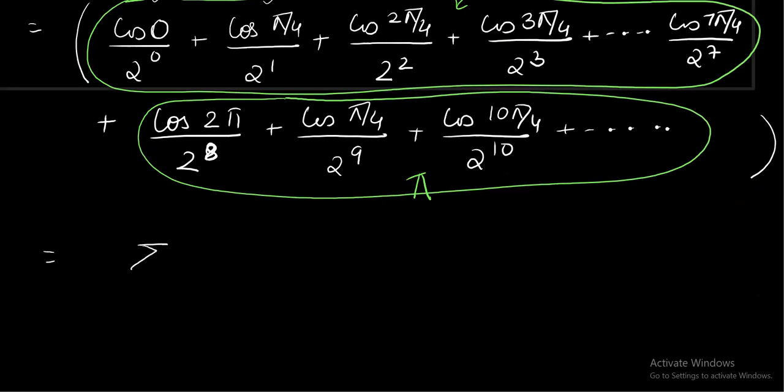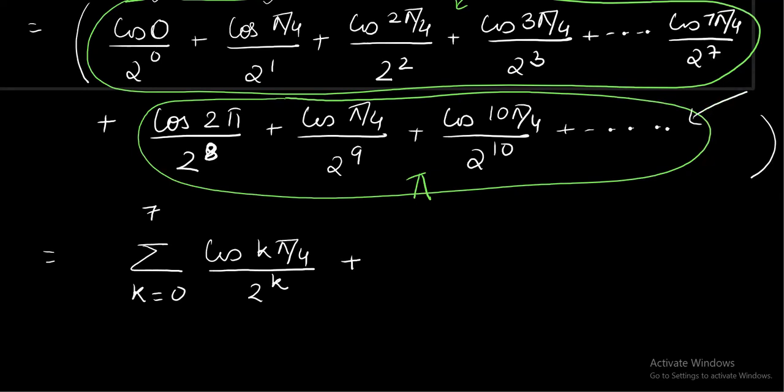The first 8 terms can be expressed as sigma k from 0 to 7 cos k pi by 4 upon 2 raised to the power k. Plus, now look at the second encircled term. In this second encircled term, we have the same numerators, but the denominators differ. But how do they differ? You just take 2 power 8 common from the denominator, and the rest of the term is again the same.